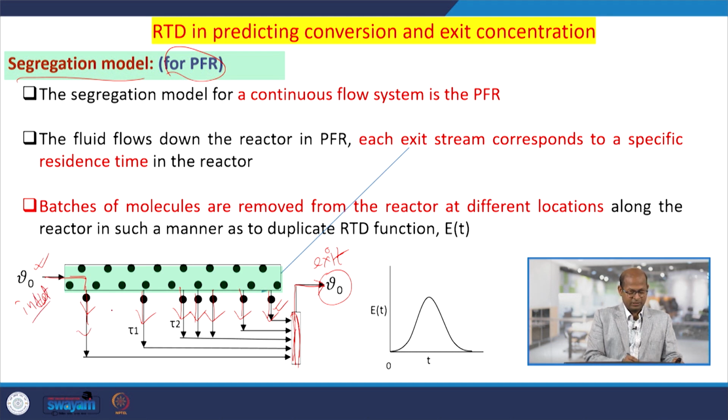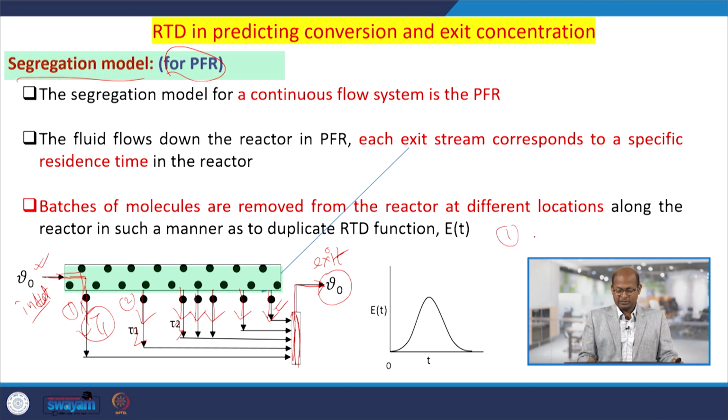So, here the residence time. When molecules enter the reactor and then leave from the reactor, the space time spent by molecules leaving from this particular point 1 is tau 1, and from point 2 it is tau 2.